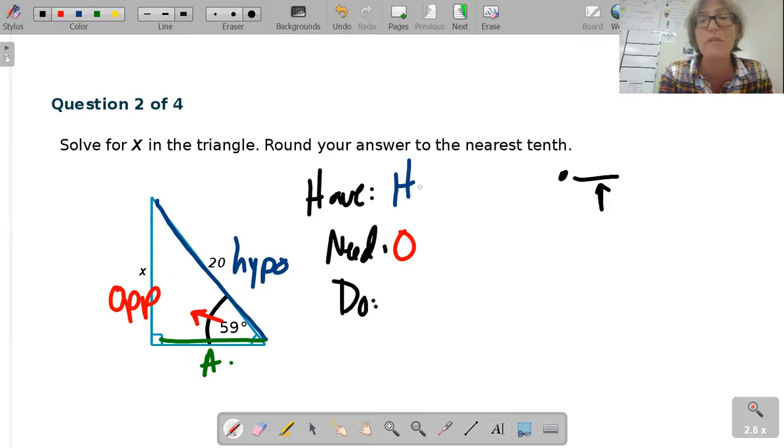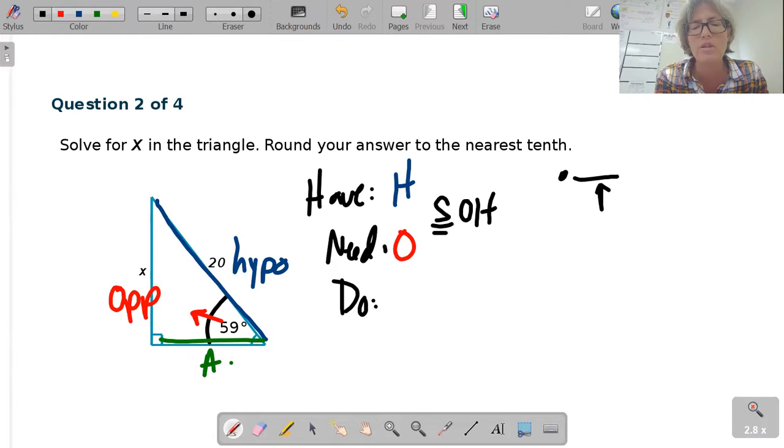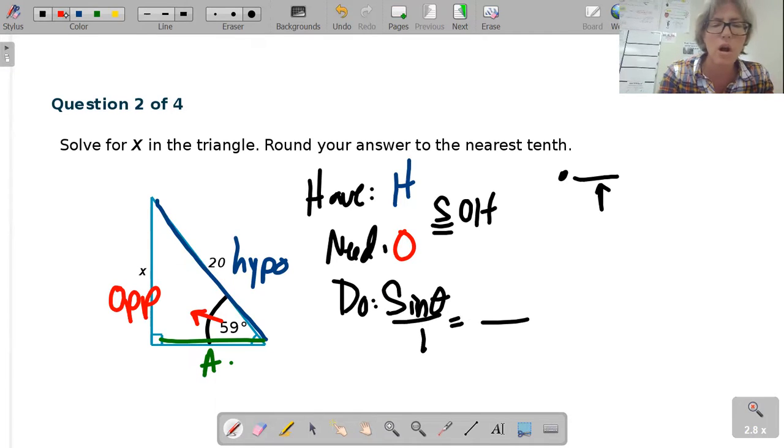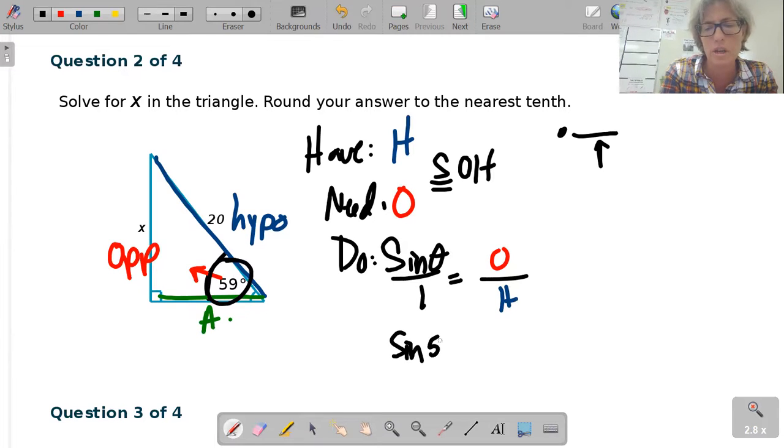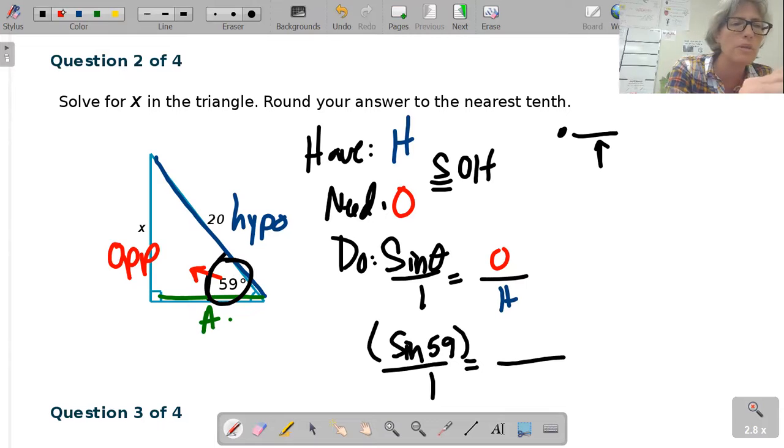So what do? We have an OH combo. What goes with OH? Sine. So we do sine of theta over 1 equals opposite over hypo. Always write the equation. Now, sine of theta, our theta is 59 degrees over 1 equals opposite, which is x, over hypo, which is 20.